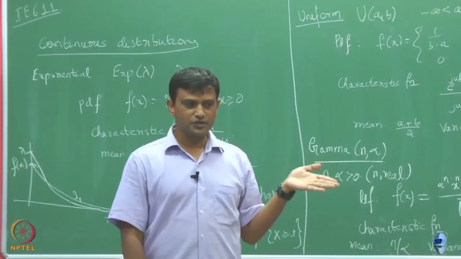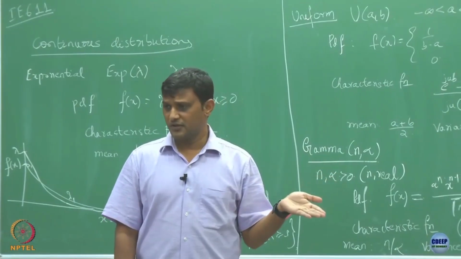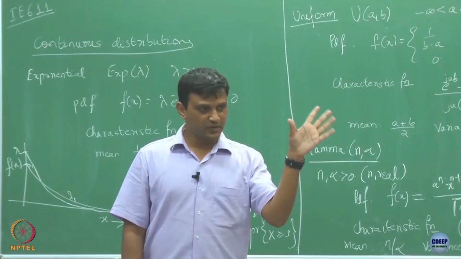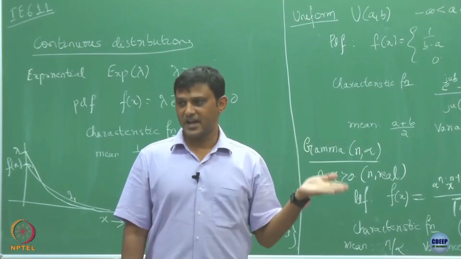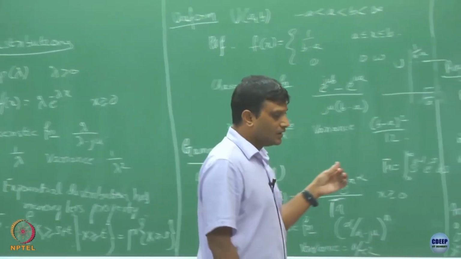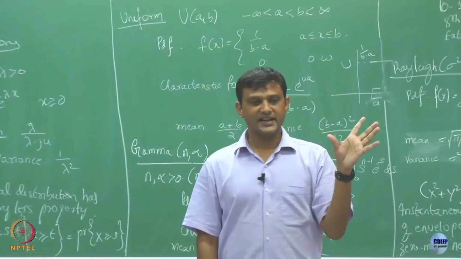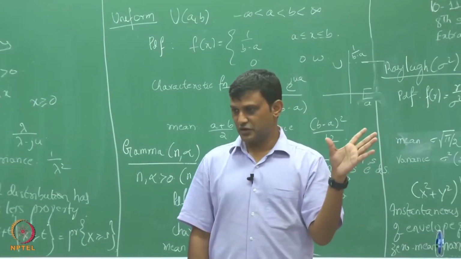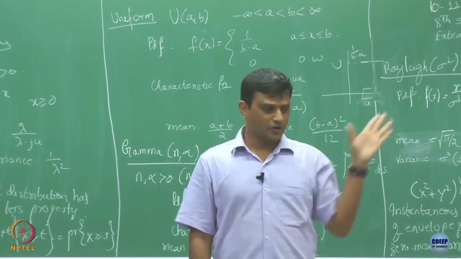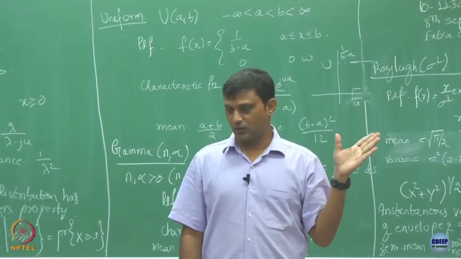When is the uniform distribution useful? You want to use it when, among the possibilities, you do not have any prior information. For example, let us say tomorrow Mumbai's temperature is going to be between 20 to 30 degrees Celsius, but I do not have any prior information about what it is going to be like.